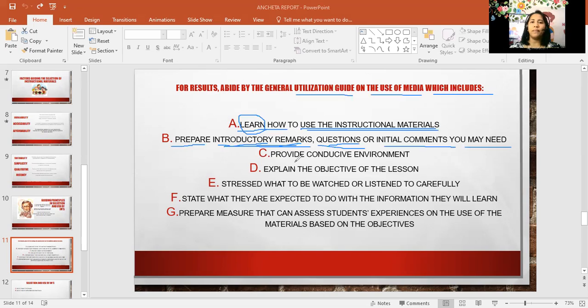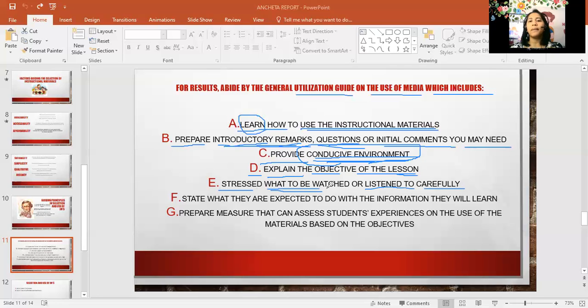Letter C, you need to provide a conducive environment. In order for the learner and the teacher to have a very good teaching-learning process, they need a conducive environment to focus on the given topic. Letter D, explain the objective of the lesson. Don't forget to pinpoint or focus on the objective of the lesson. Letter E, stress what to be watched or listened to carefully.